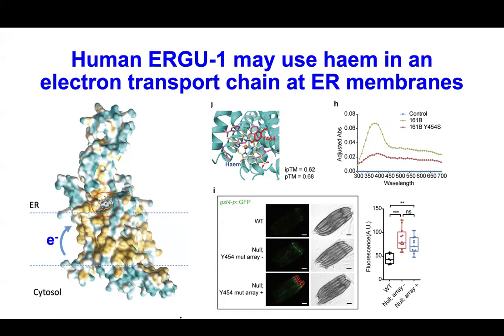But one puzzle for us was how this human protein could potentially mediate the electron transfer since the cysteine pairs are all enriched in the cytosolic side.